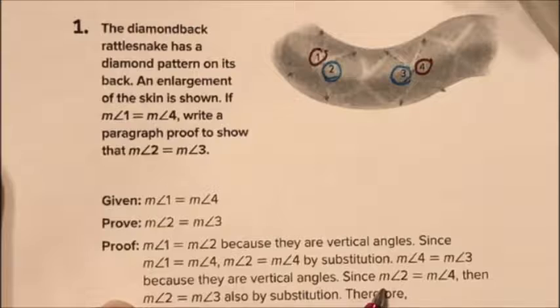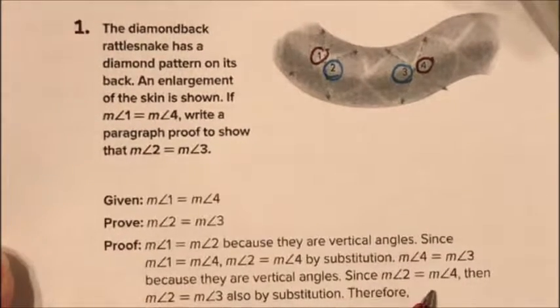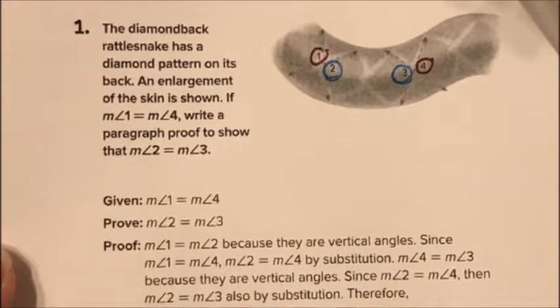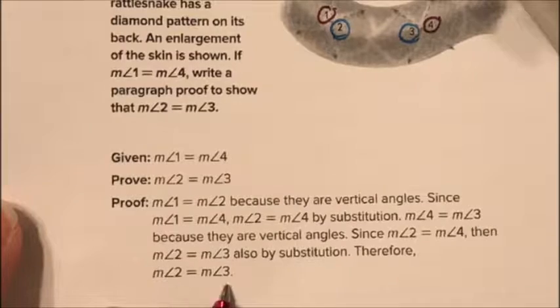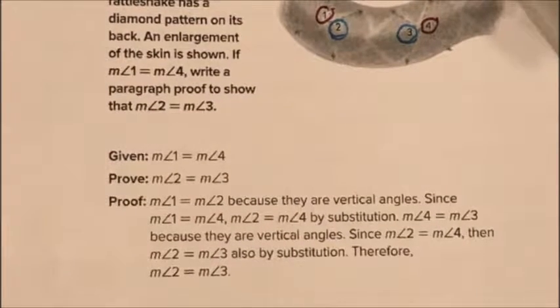By substitution, measure 4 equals measure 3 because they are vertical angles. Since measure 2 equals measure 4, then measure 2 equals measure 3, also by substitution. Therefore, measure of angle 2 equals the measure of angle 3.